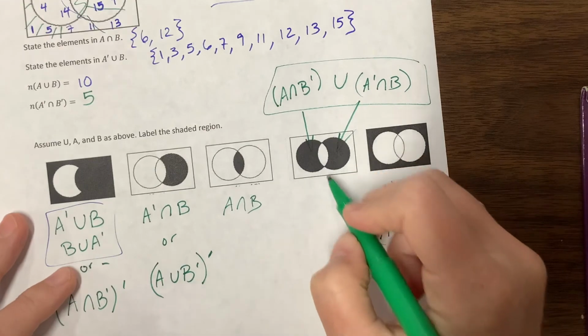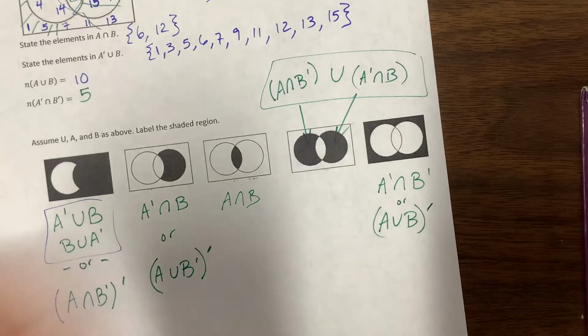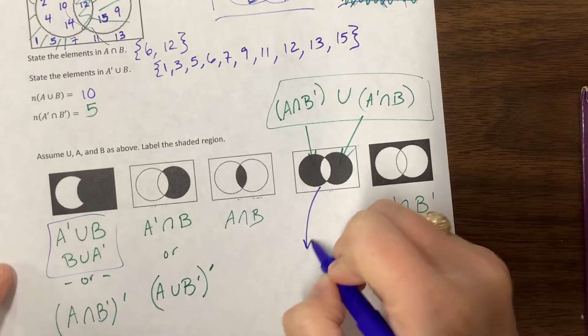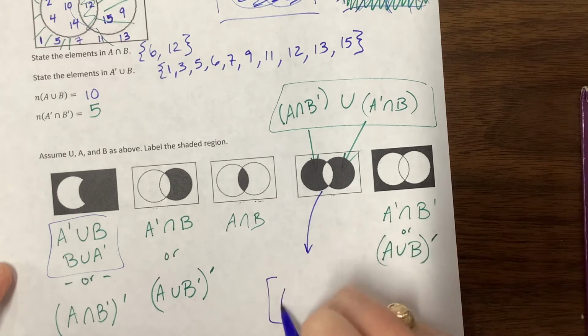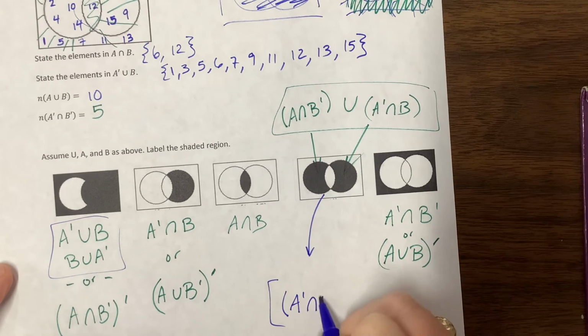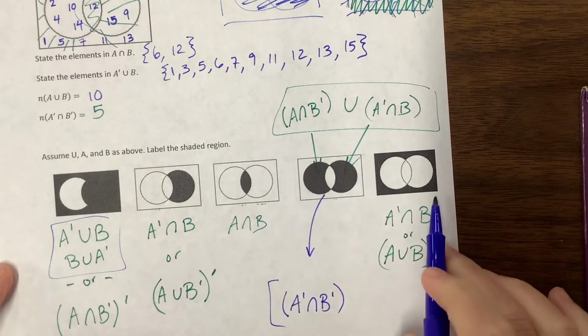Well, this outside part, you know what, I'm going to use a different color. This outside part right here becomes, so I'm going to do a bigger bracket, my brain just stopped. Oh yeah, it's A naught intersect B naught. It's all the stuff that's not in A or in B, and that gives me this outer part right here.